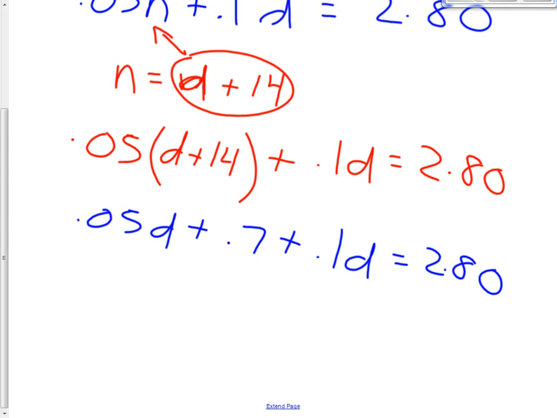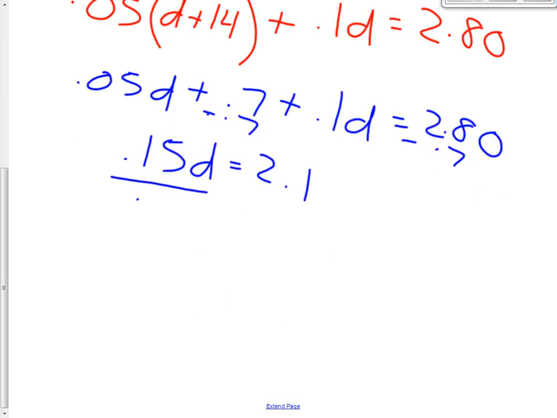So 0.1 plus 0.05 is 0.15 D, and I'm going to subtract this 0.7 to get it over here, and we end up with 2.1. Okay, and finally, dividing both sides by 0.15, we would get 2.1 divided by 0.15, dimes equals 14.